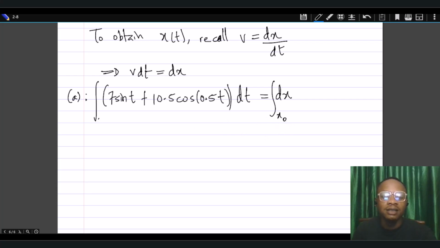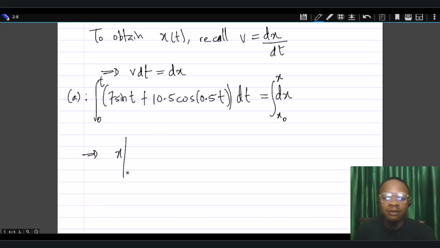So you can notice that this is with respect to time. At time t equal to 0, let's say the position is x sub 0. Then we want to get the position x at some arbitrary time t. So let's go ahead and just solve for this. Integral of 1 with respect to x, that is x.